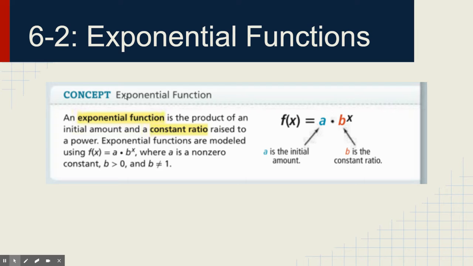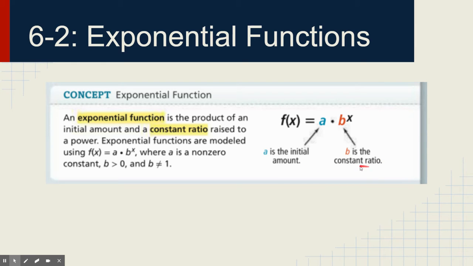So, exponential functions. Here is the basic equation for an exponential. f of x, your output, is equal to a times b to the power of x. A is the initial amount.